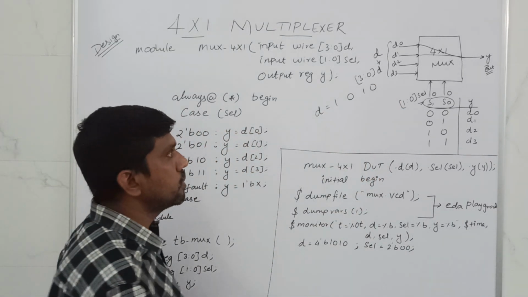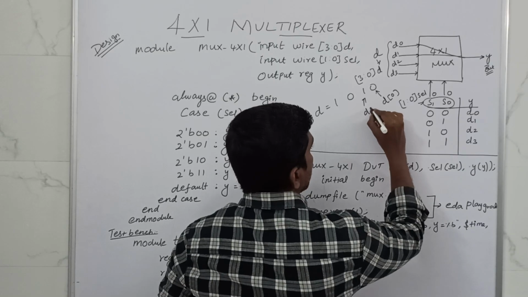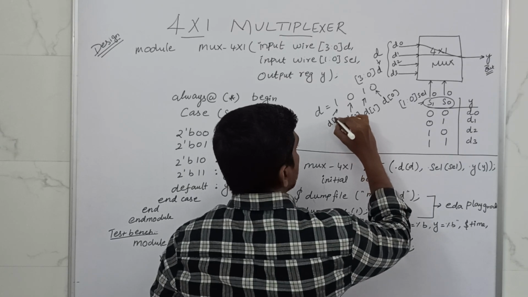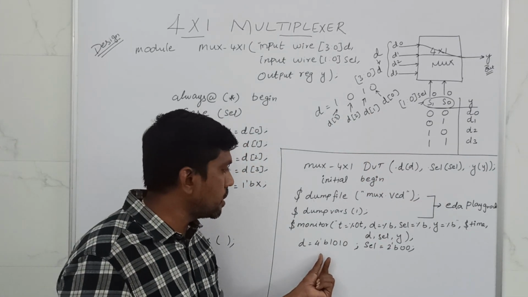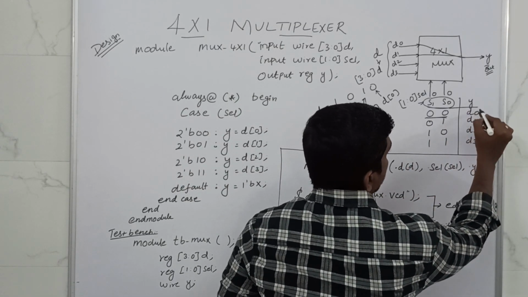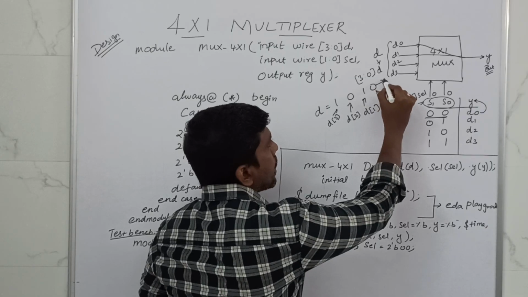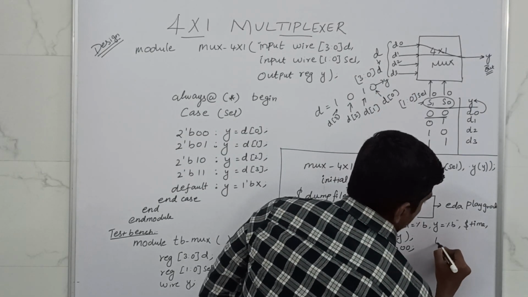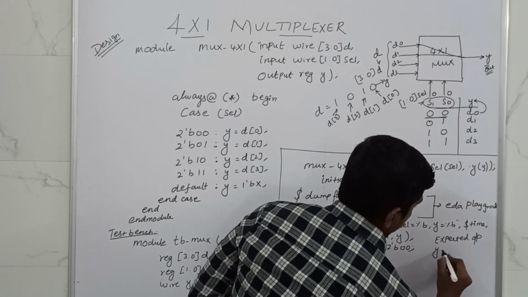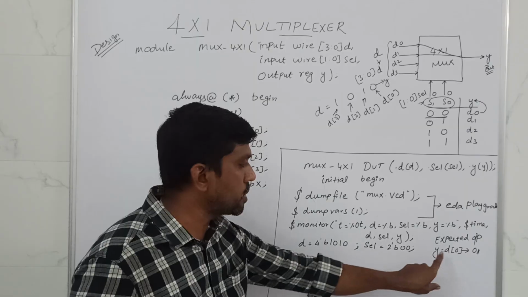It consists of 4 bits. The LSB is called D[0], the next is D[1], the second bit from the top represents D[2], and the MSB represents D[3]. So the first case is selection line equal to 2'b00. 2'b00 means D[0] is mapped to Y. Here the D[0] value is 0, so 0 is assigned to Y. Expected output: Y equals D[0], the D[0] value is 0, so 0 is assigned to Y.